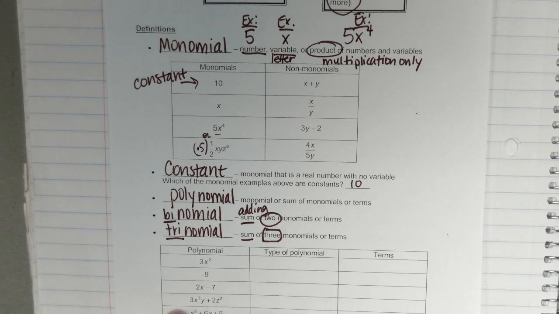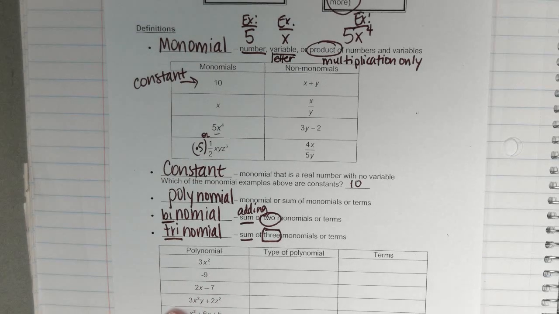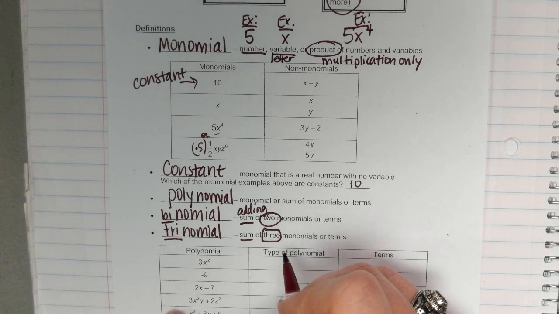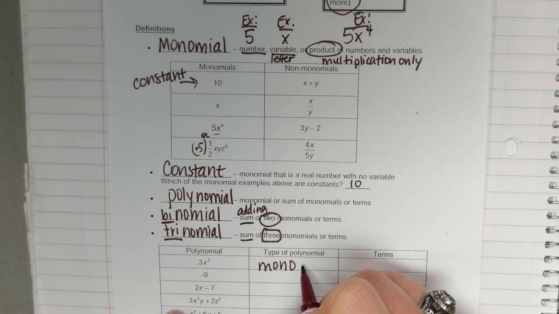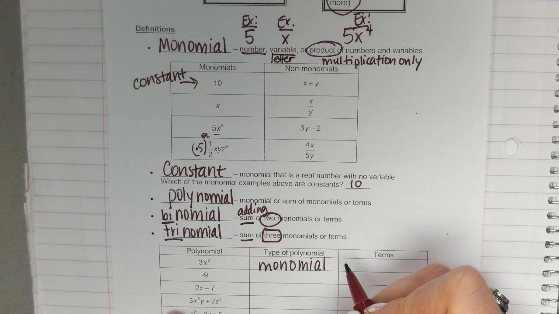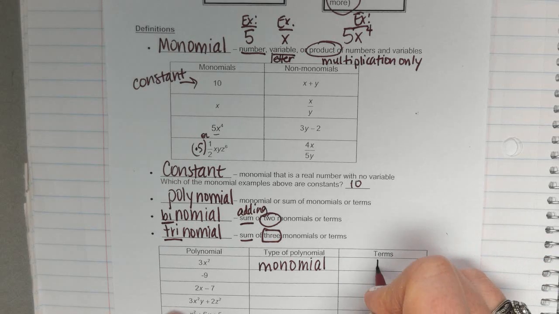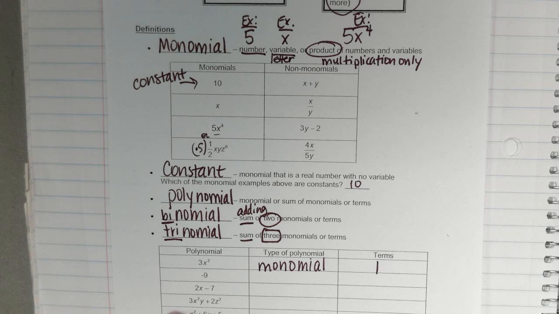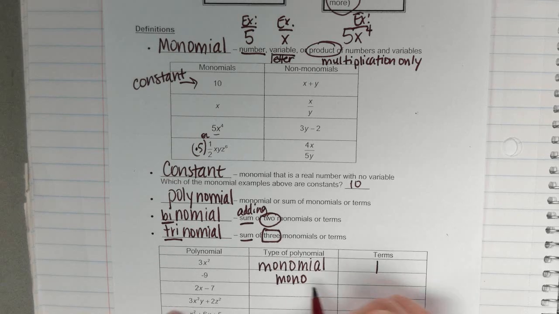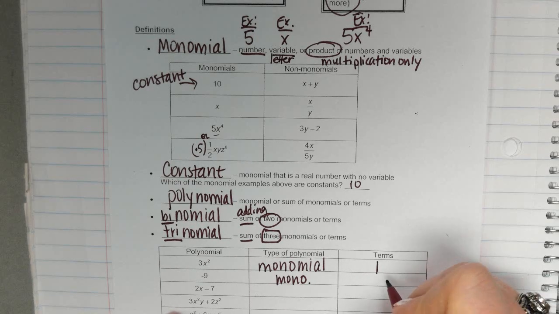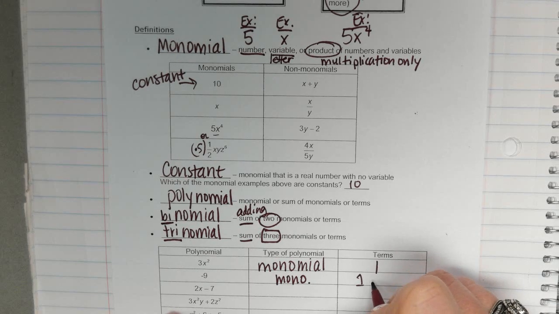So if we have a polynomial like this, we have 3x squared. That's a monomial. It only has one term. There's not separate terms. We have this one, -9, still a monomial. I'm just going to abbreviate that to mono. It only has one term, and it's constant.